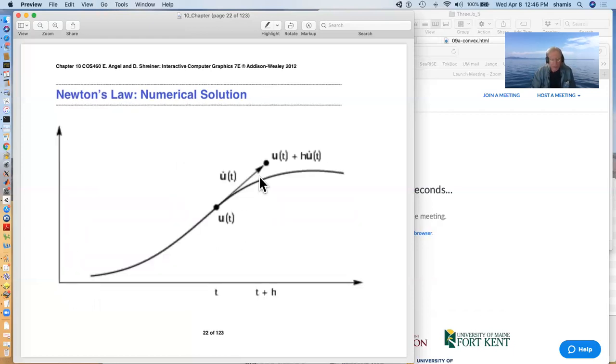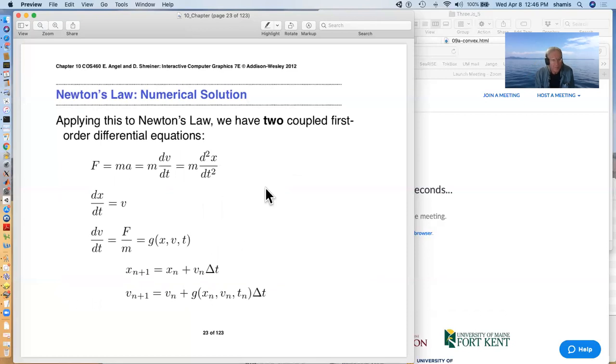Basically, we're taking the slope, that's what the g is, the slope of the curve here, and we're extrapolating forward in time using that slope. And you can see, of course, that it's not exact. It's a numerical method. Now, with Newton's law, we have two coupled first order equations. dx/dt is v and dv/dt is f over m.